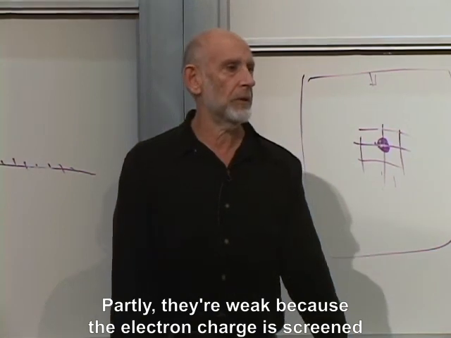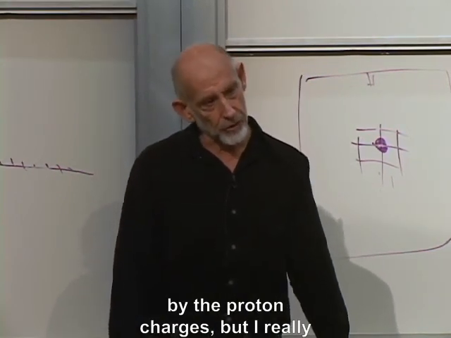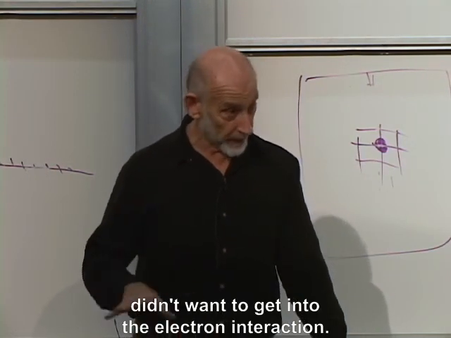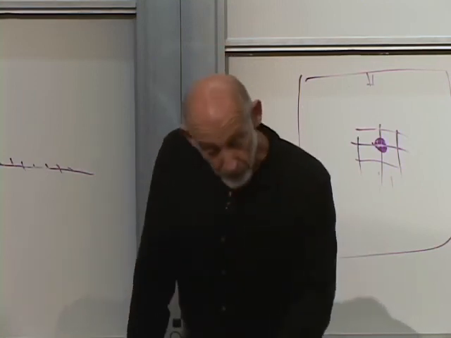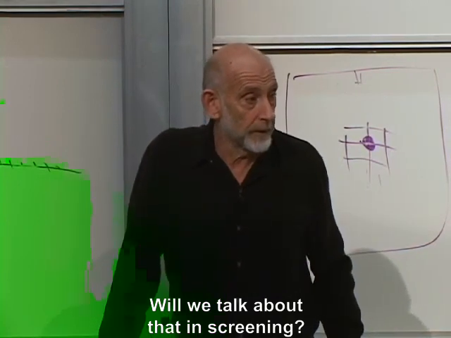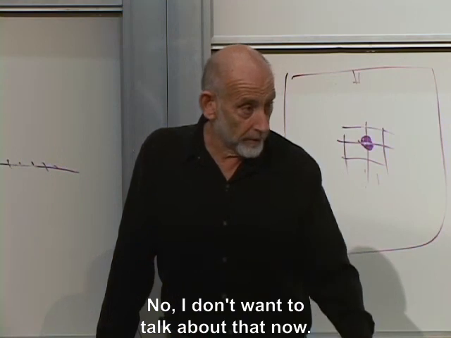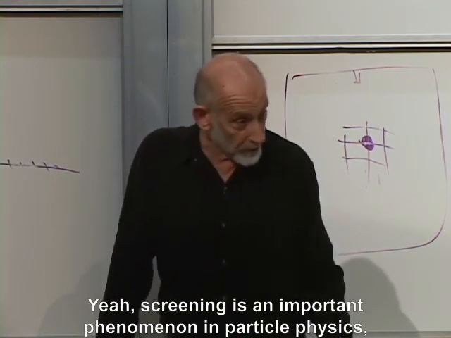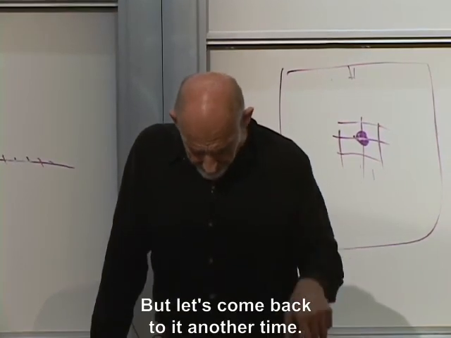Partly they're weak because the electron charge is screened by the proton charges. But I really didn't want to get into the electron interaction. That's a separate issue, quantum electrodynamics. Will we talk about that screening? Yeah, we can talk about it, but I don't want to talk about that now. Screening is an important phenomenon in particle physics, and it has its analog here. But let's come back to it another time.